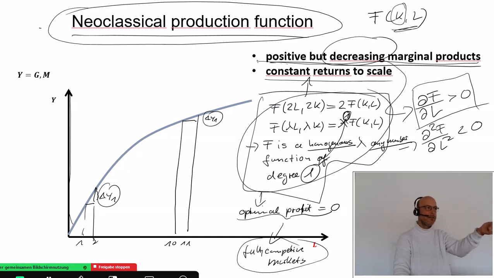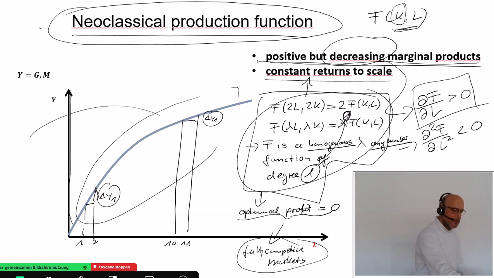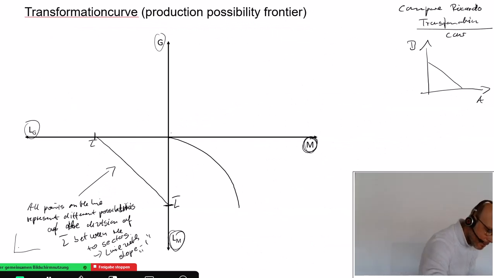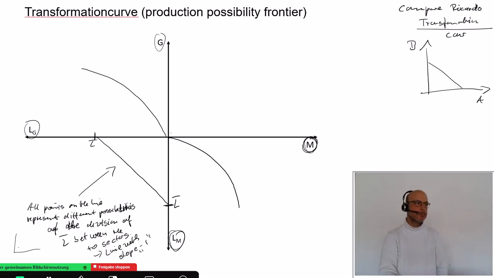Okay, just flipping this curve to the right. So this one looks somehow like this. Then let's do it like this. Zap. Better. Okay.